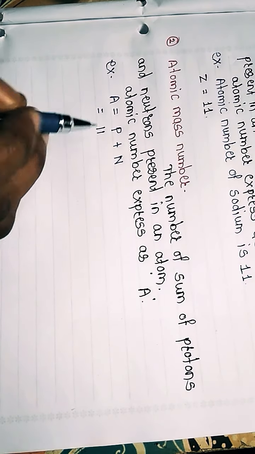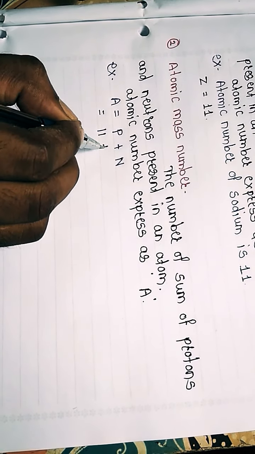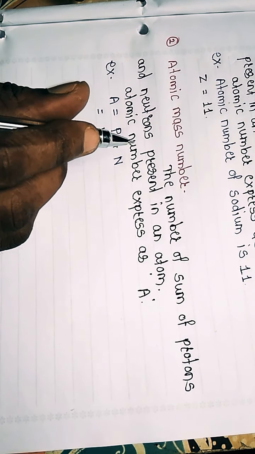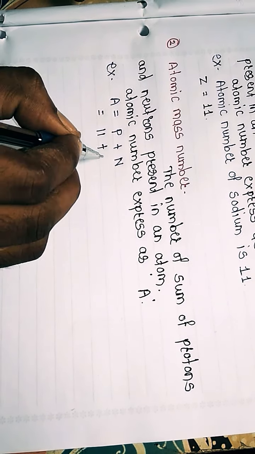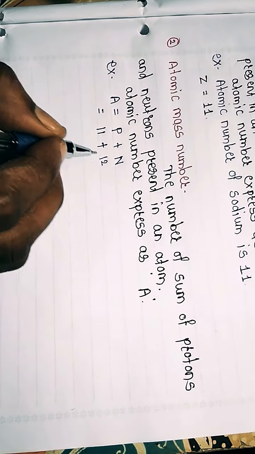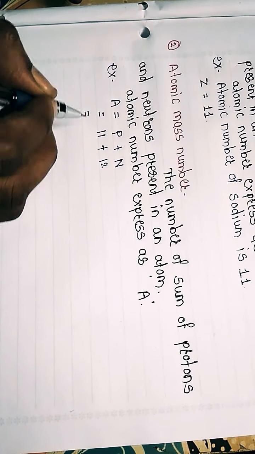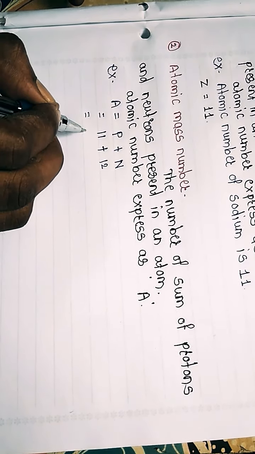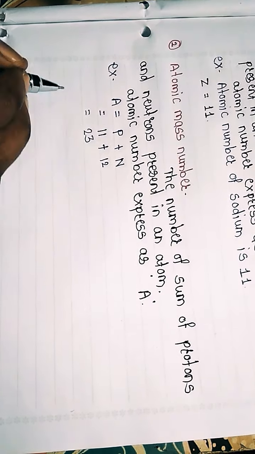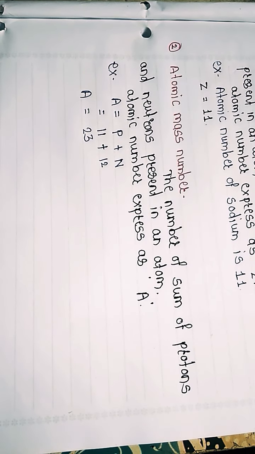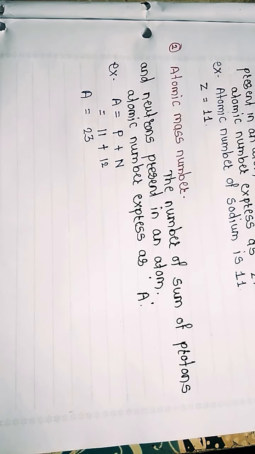So P is equal to 11 plus the number of neutrons present in sodium, which is 12. Therefore 11 plus 12 is equal to 23. So the atomic mass number of sodium element is 23.